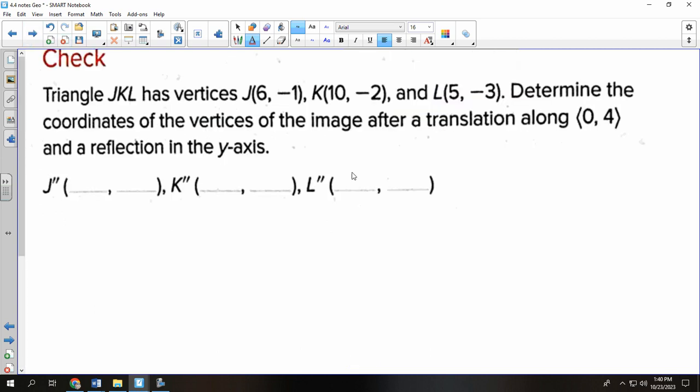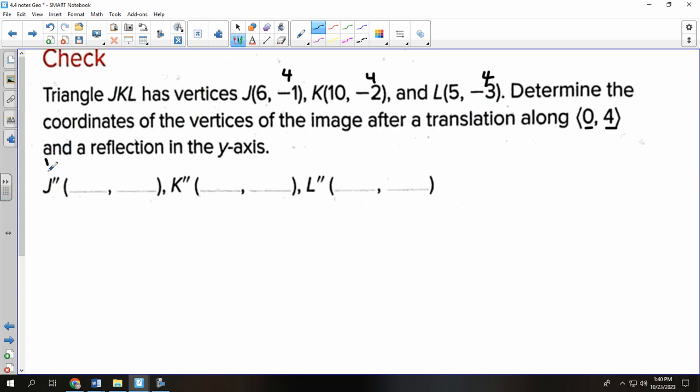Let's go ahead and do this check. We have a triangle JKL with vertices (6, -1), (10, -2), and (5, -3). Determine the coordinates of the vertices of the image after the translation along (0, 4) and a reflection in the y-axis. So what we're going to do is the x is going to stay the same, and the y is going to get 4 added to it.